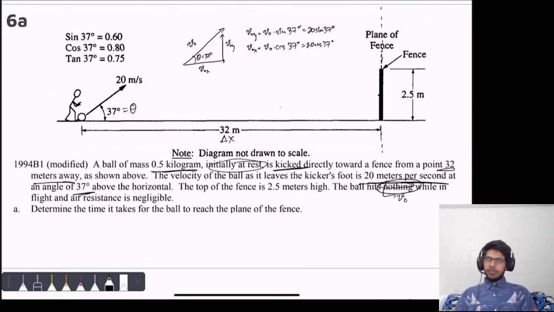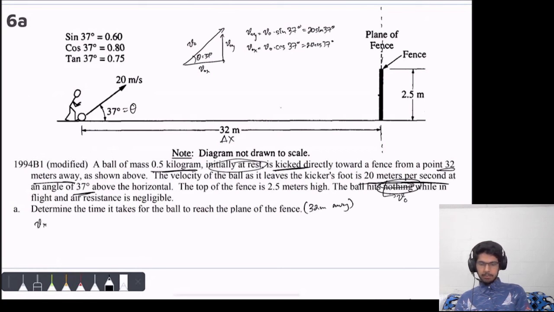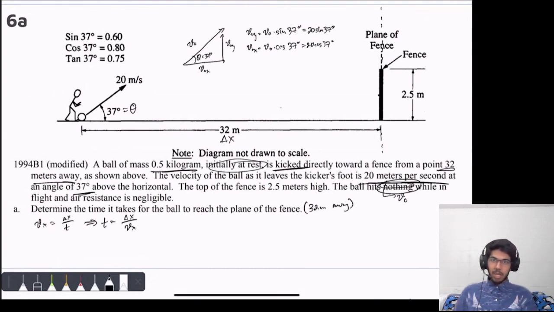So what can we do? We want the time it takes for the ball to reach the plane of the fence, which is 32 meters away. Well, what do we know? We know that Vx equals delta x over t, which tells us that t equals delta x over Vx. We have delta x, and we have Vx, so we can just substitute and solve.